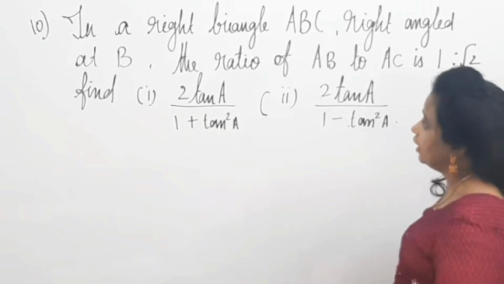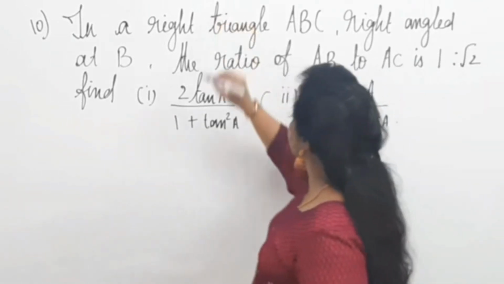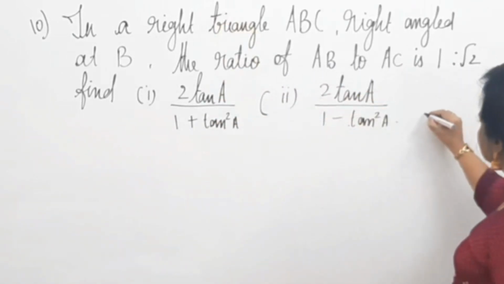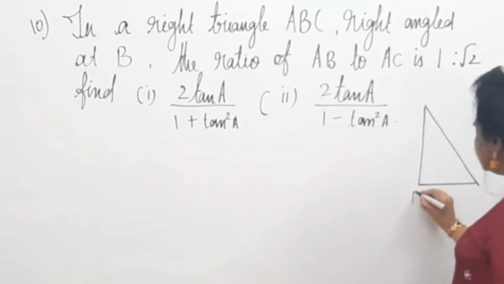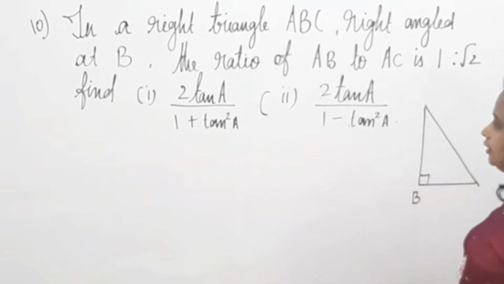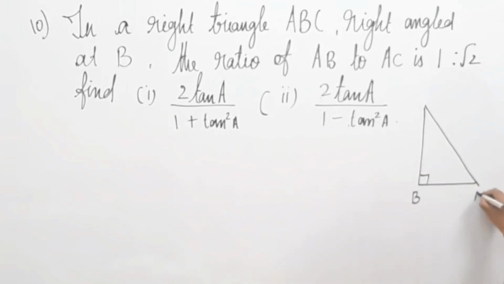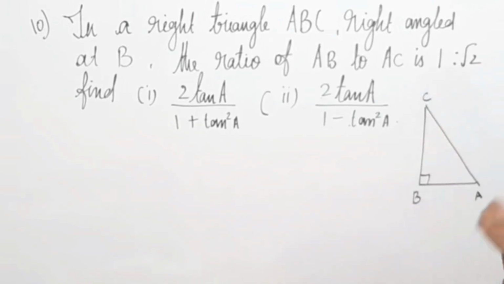Children, we move on to the question which says like this. In a right triangle ABC, right angled at B. So I'm going to have my right angle at B. And the ratio of AB to AC, that means this is A and this is C, is 1:2.